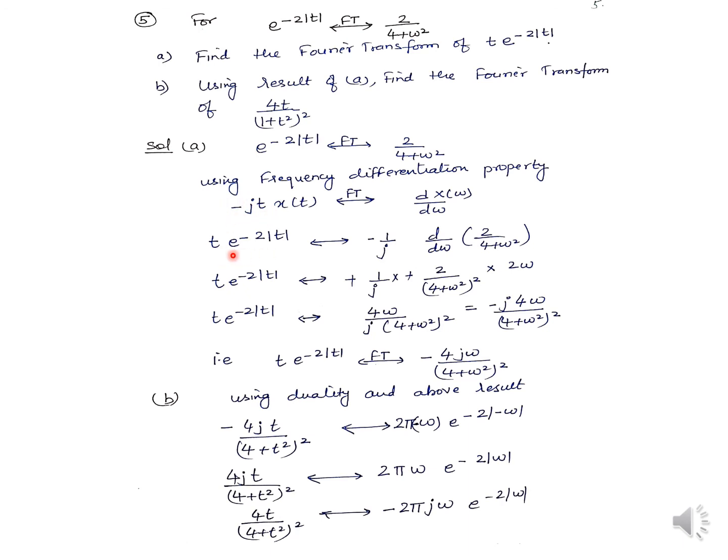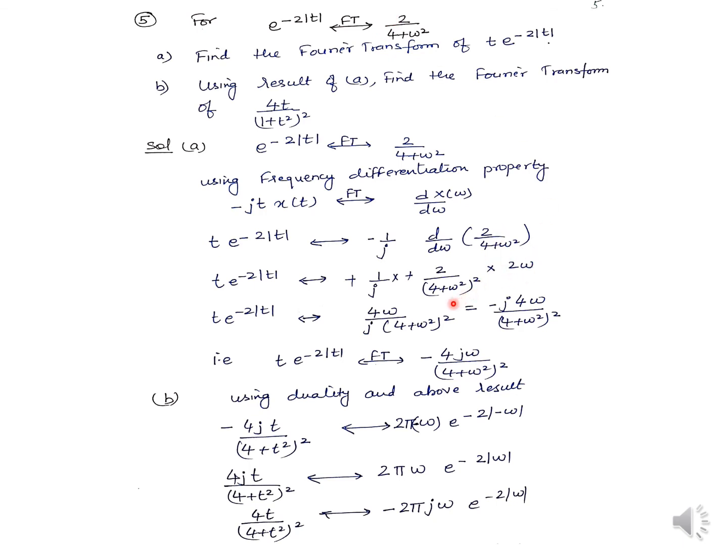So for this we can write that the Fourier transform of this will be minus 1 upon j, minus came from this j and minus, and d by d omega of whatever the Fourier transform of this part is. So this thing brings minus 1 upon j and d by d omega, and this part uses this thing. So it will be differentiation of this.